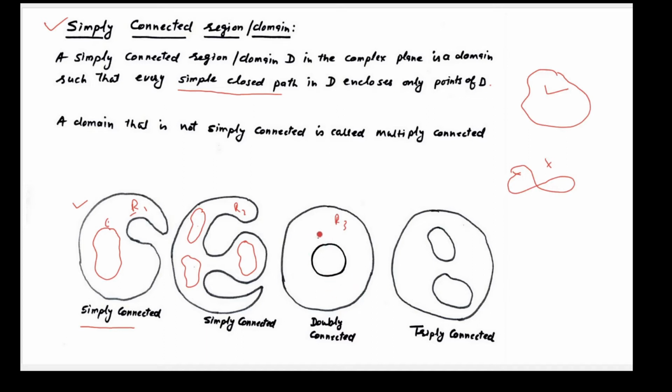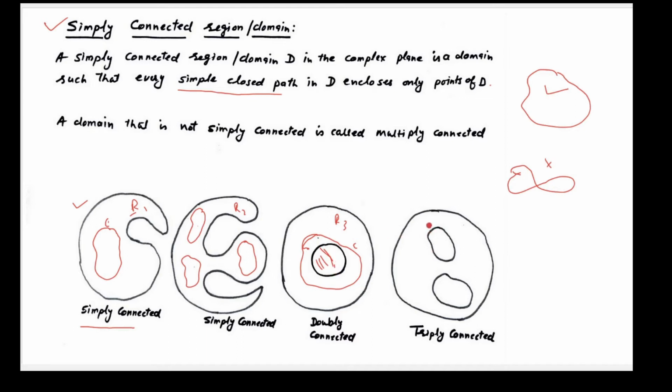In this region, if we draw a closed contour like this, then this region lies within the closed contour C, but this region is not part of the region R3. Such a region is called a multiply connected region. Here particularly it is called a doubly connected region.